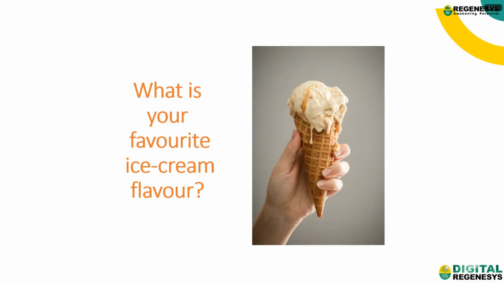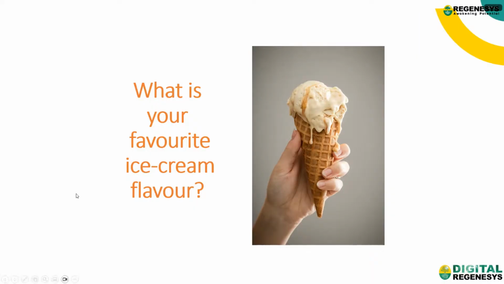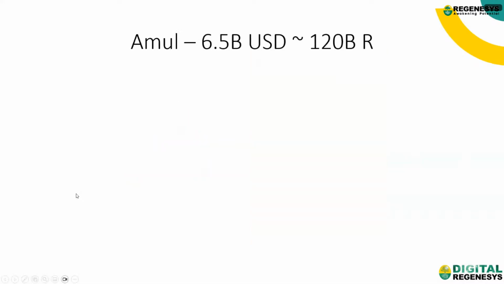Well, meanwhile, you mention your favorite ice cream flavor, I would like to mention mine. My favorite ice cream flavor is vanilla. Okay, Velvet is also having the same interest. Fine. So there is one company called Amul, whose annual turnover is about 6.5 billion US dollars, and they are into ice cream and dairy products manufacturing.